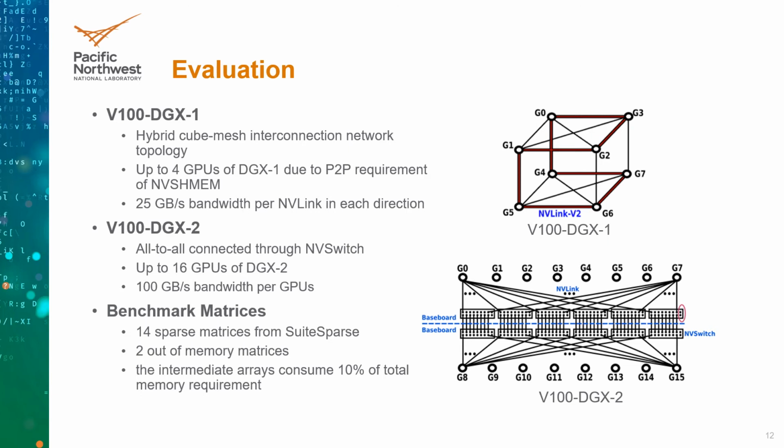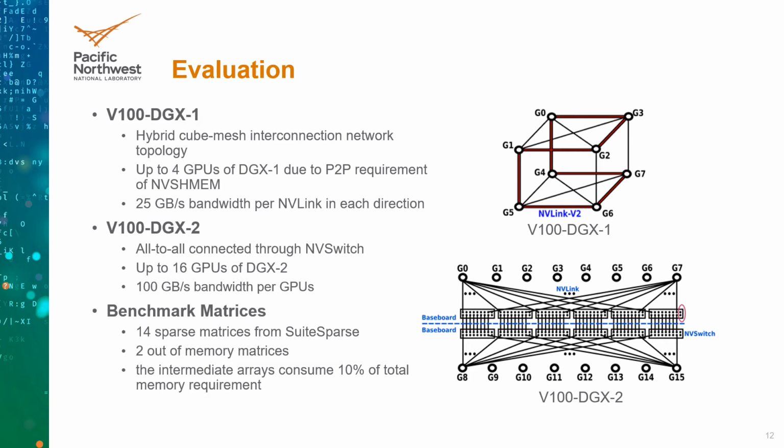The DGX1 uses a cube to connect the nodes, point to point. However, the DGX2 uses NVSwitches, so all GPUs are P2P connected through the switches.